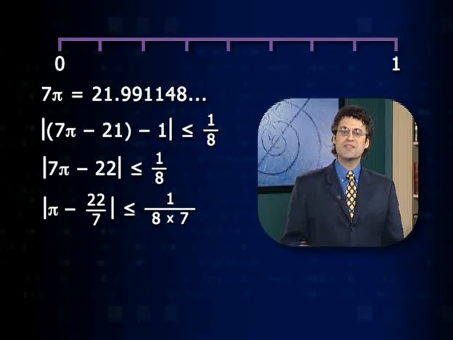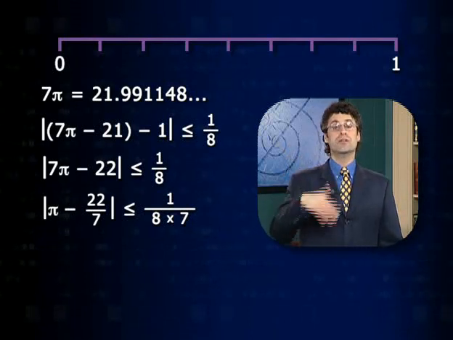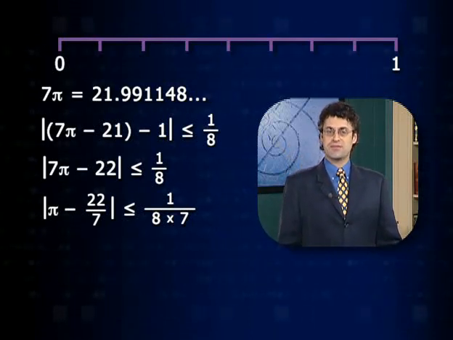Now, recall that in this example, we took the capital Q, the amount of money we're willing to spend, to be 7.